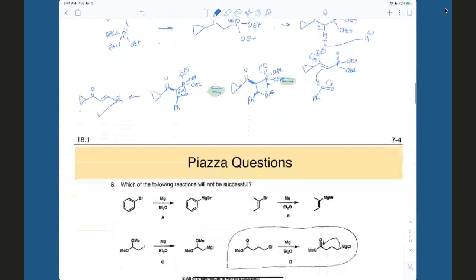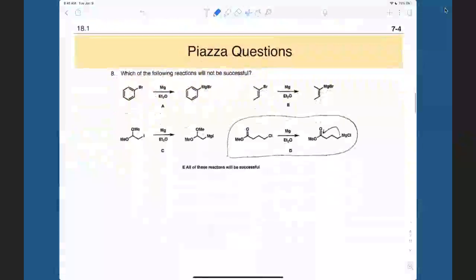All right, moving along. They were asking, why would this not be selective or not successful? And so the goal was to be making Grignard reagents. So the first one makes a Grignard reagent, the one below makes a Grignard reagent, the one to the right makes a Grignard reagent, but D would make a Grignard reagent initially, but there's incompatible functional groups.